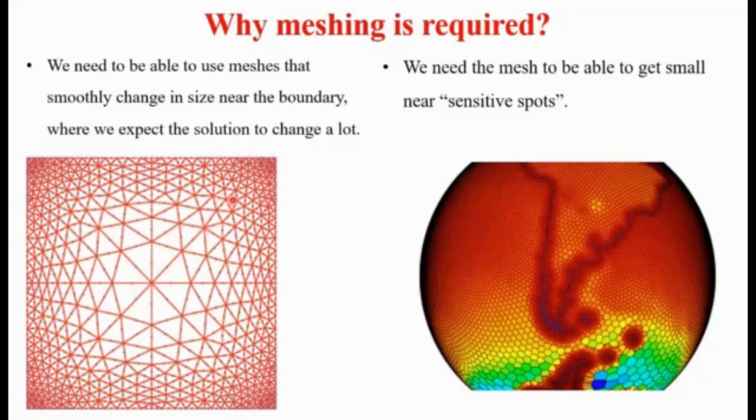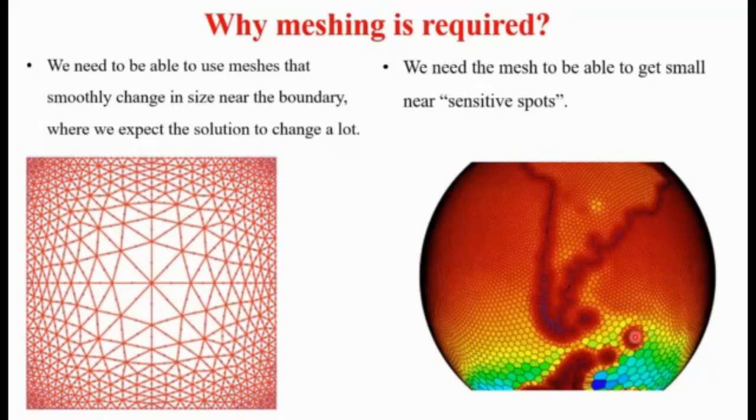Because the solution may change at these sharp edges or boundary edges, the meshing should be fine at the boundary surface or at the corners. Then we also need the mesh to be able to get small near the sensitive spots.